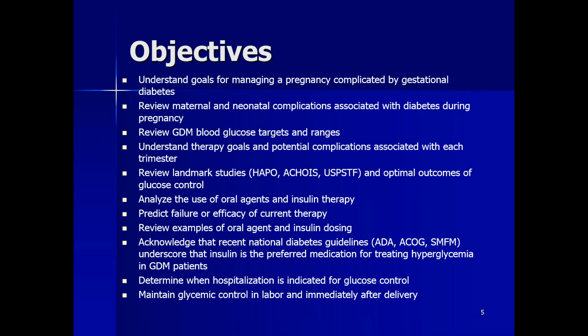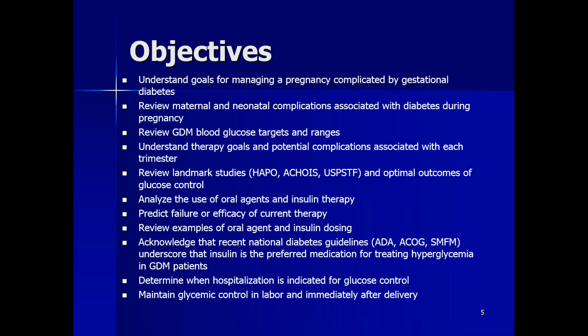We'd like to understand the therapy goals and the potential complications associated with gestational diabetes in each trimester. I want to spend some time on each of the landmark studies, which inform our best practices concerning why we say certain targets will give us optimal outcomes for glucose control.